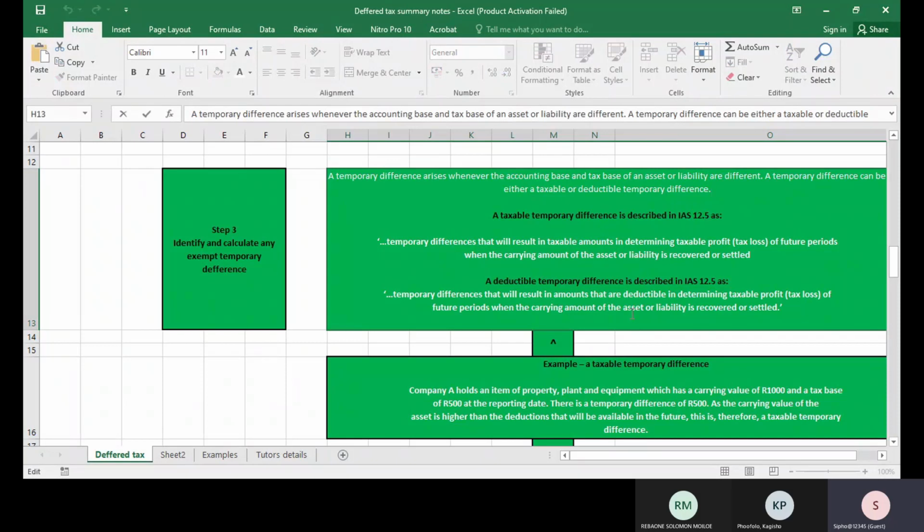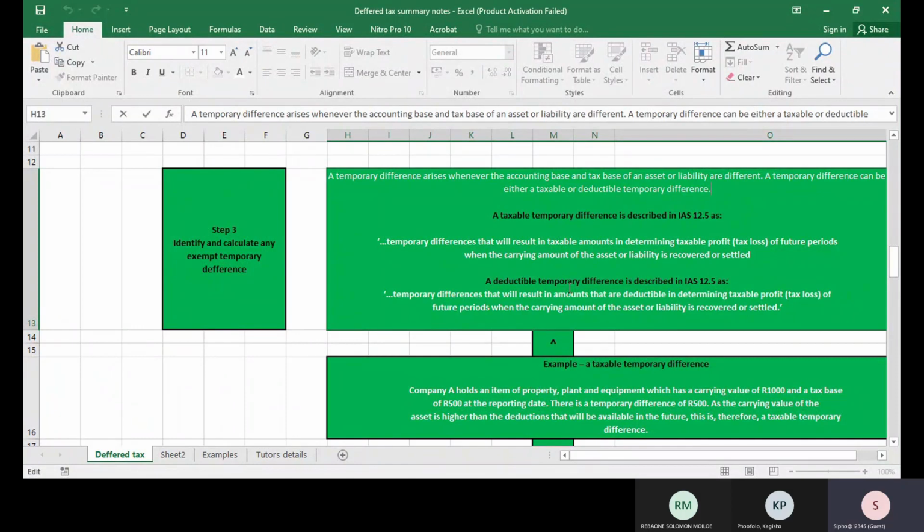For example, in the case of an asset, if we have a carrying amount of 100 and a tax base of 80, when you take the 100 minus the 80, you have 20 rand, which is a temporary difference. That is a taxable temporary difference because that's future income, right?